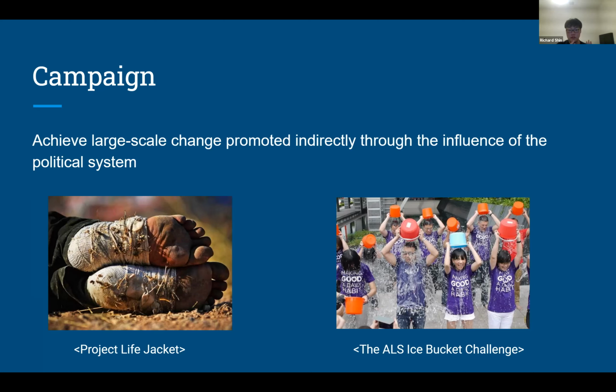I say it works indirectly through influence, but through the indirect influence of those campaigns, it could directly affect policy making or doctrine making when they succeed in telling real people how serious this problem is.